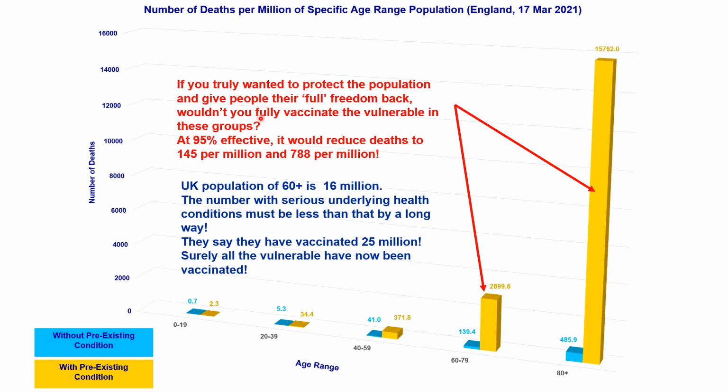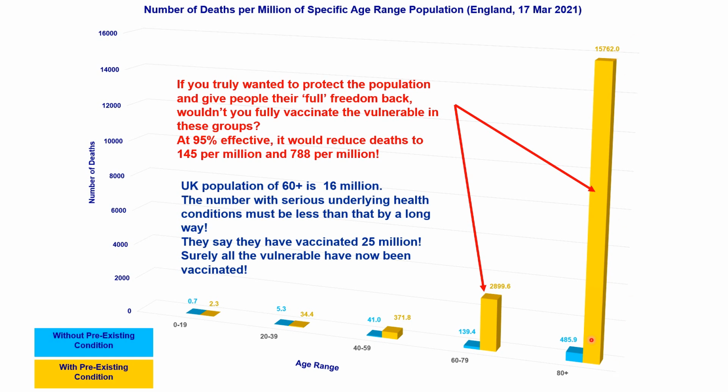So if you truly wanted to protect the population and give people their full freedom back, wouldn't you just fully vaccinate the vulnerable in these age groups? If this wonderful, effective or efficacious vaccine, say it's 95% effective, this would reduce the deaths in these to 145 per million and 788 per million.